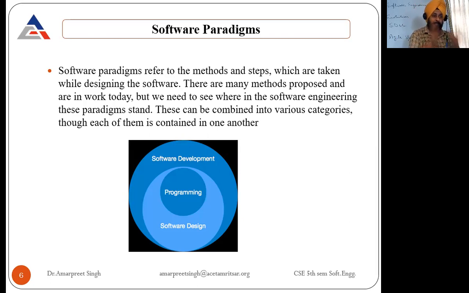First of all, the basic thing is the design process, making the blueprint of the software. Then comes programming. First the blueprint is designed, then the coding is done, through some programming language. So this is the paradigm of the software.